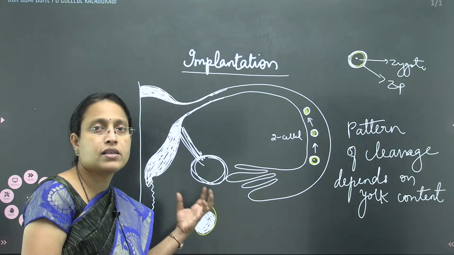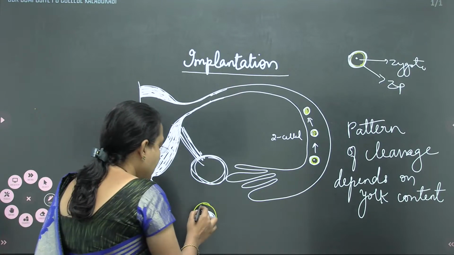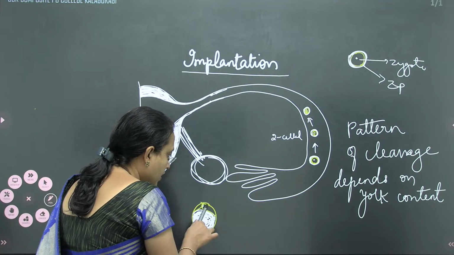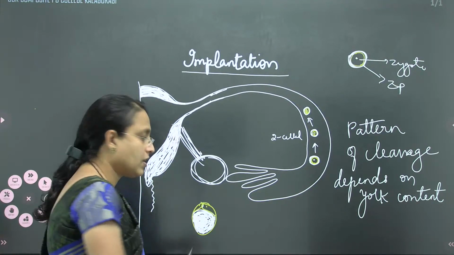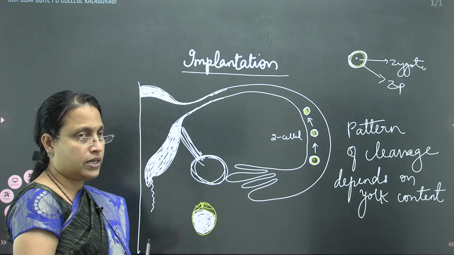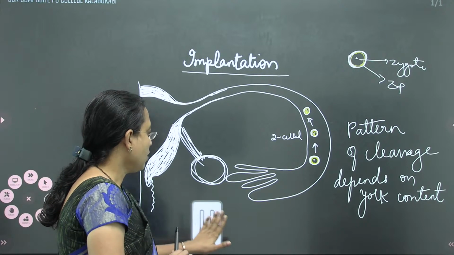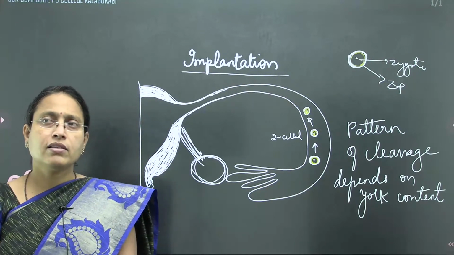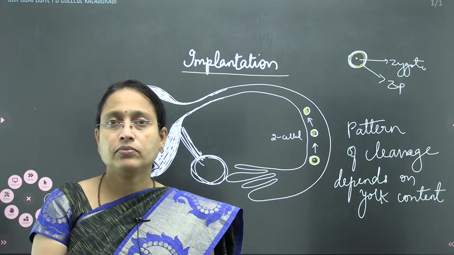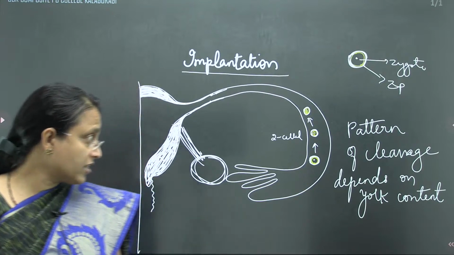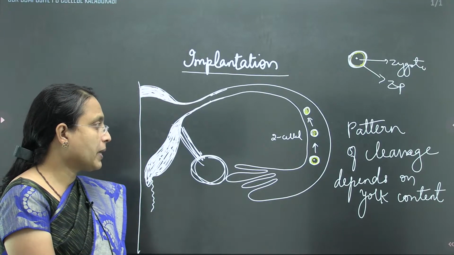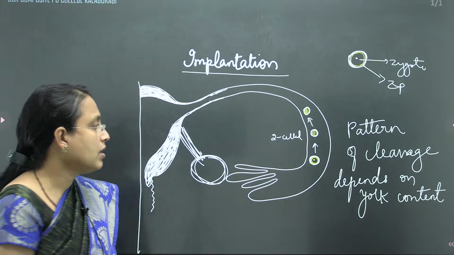So instead, the cell divides only partially, like this, but not completely. But in humans, because of the microlecithal or alecithal condition, the division is holoblastic. Therefore, the conclusion is that the pattern of cleavage depends upon the yolk content.